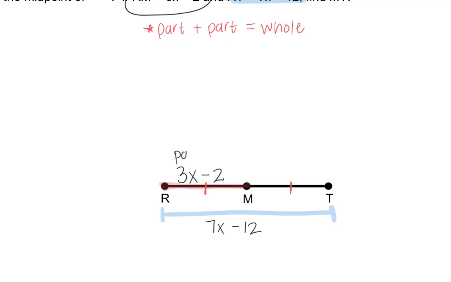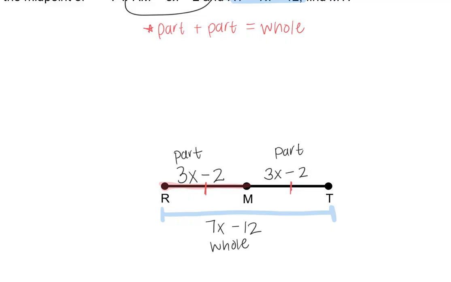So I do have this part. I need to figure out what I'm going to write for this other part. And I know I have my whole, which is 7x minus 12. Now, I do know this is a midpoint problem, right? Where I have two equal parts. R to M is equal to M to T. So, because they're equal, I'm going to put 3x minus 2 here as well.